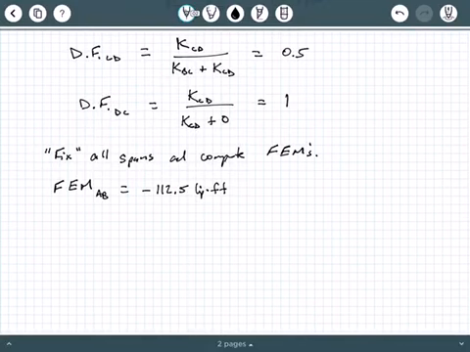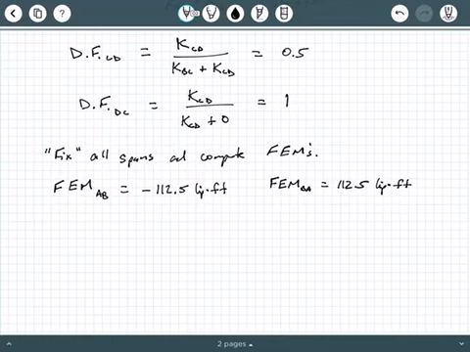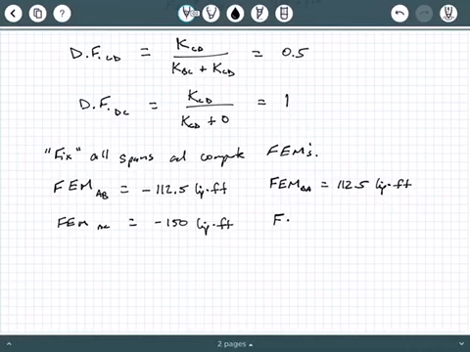Kip feet, okay. And then FEM BA is a positive 112.5 kip feet. And then FEM BC is negative 150 kip feet.